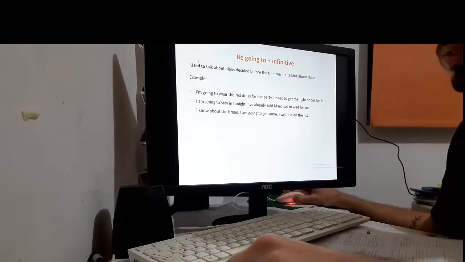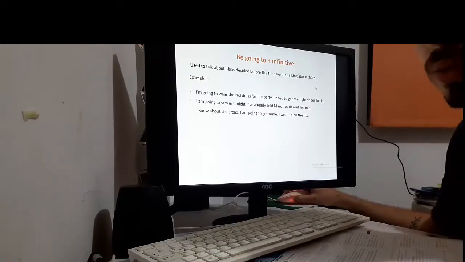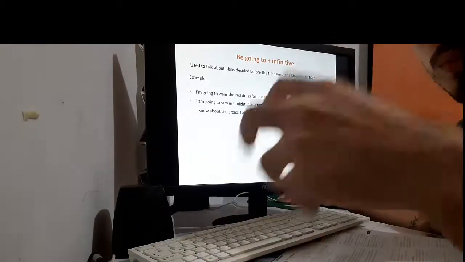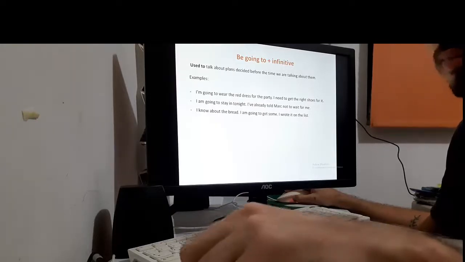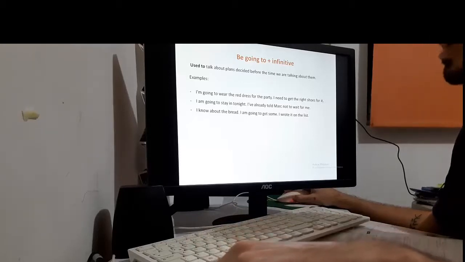So we use going to when we want to talk about plans that you decided before the time we are talking about them. For example, we can talk about something and I can use be going to because I have already planned that thing.